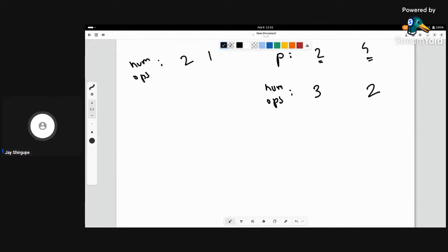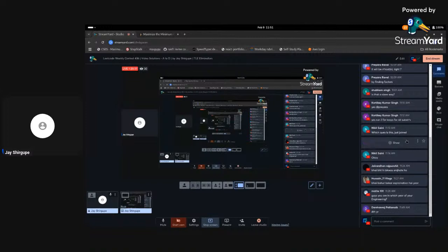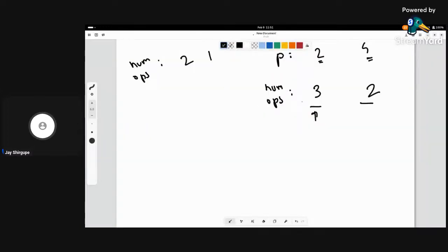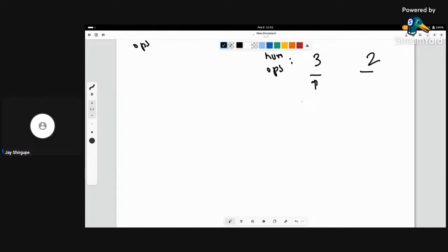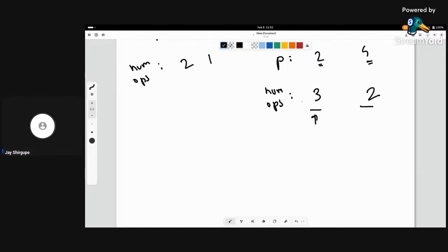Now you get the number of ops array: at least these many times this element has to be visited. Only then can we have this element at least equal to x.